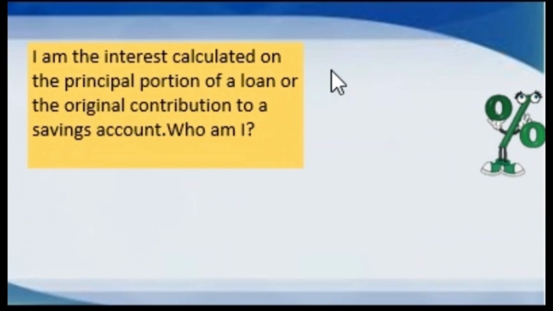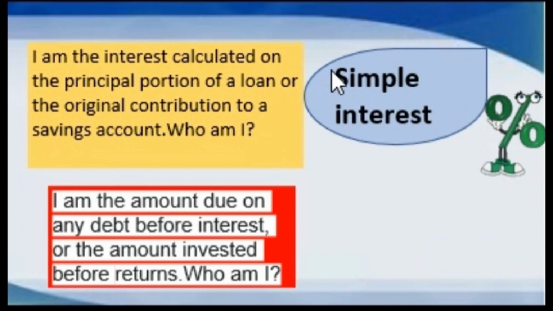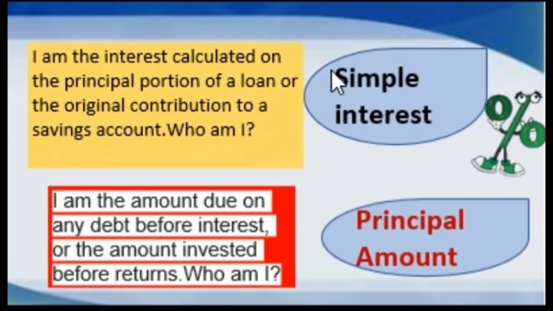I am the interest calculated on the principal portion of a loan or the original contribution to a savings account. Who am I? Okay, the answer is simple interest. Very good. Then the last, I am the amount due on any debt before interest or the amount invested before returns. Who am I? Very good. So the answer is principal amount.